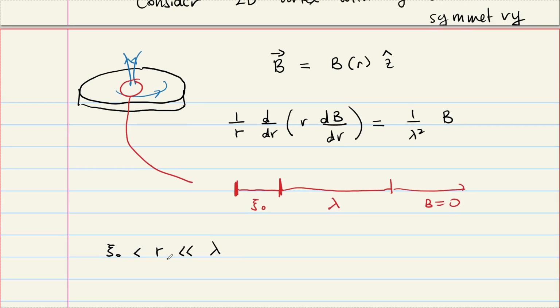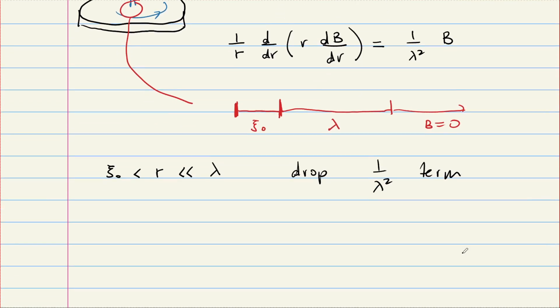In that regime, lambda is much larger, so 1 over lambda is much smaller, so I can drop the 1 over lambda squared term. In that case, I have 1 over r d/dr of r dB/dr is 0.